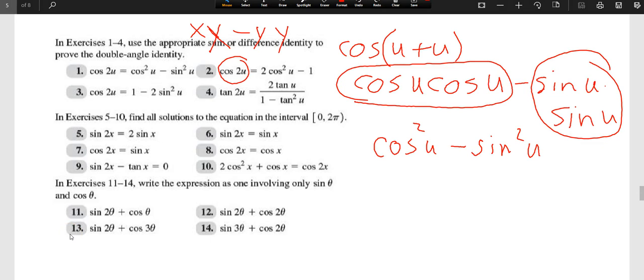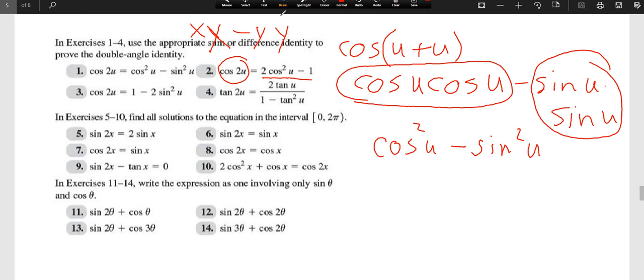Sorry for not getting the first part recorded there, but we had cosine of the first times cosine of the second minus sine of the first times sine of the second, and they've gotten me all the way to here. Cosine squared u minus sine squared u. Remember I taught you that you need to look at the right side of the proof to get a clue as to what you need to be focused on substituting.